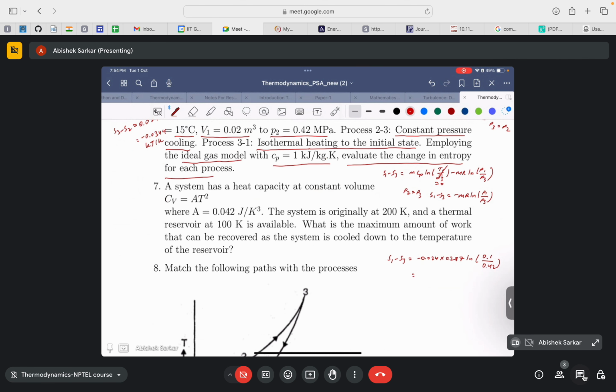So it turns out to be 9.88 into 10 to the power minus 3 kilojoule per Kelvin. So is it okay? This should ideally be the answer. Can you check your calculations? Have you substituted the same values?